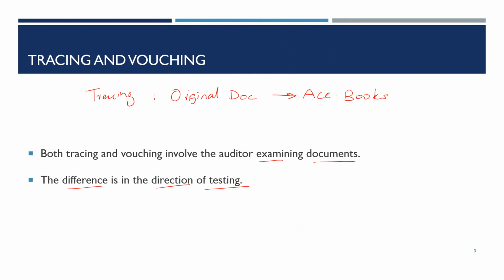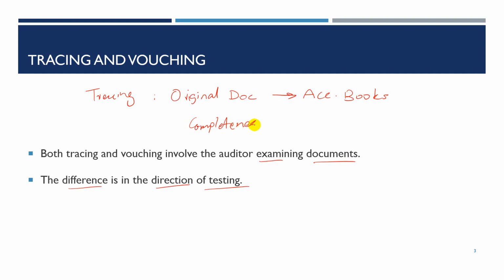This procedure is performed to ensure that the accounting records are complete, or when there is a risk of an understatement of transactions or items in the financial statements. Likewise, the auditor usually performs the tracing procedures when they need to test for completeness assertion.